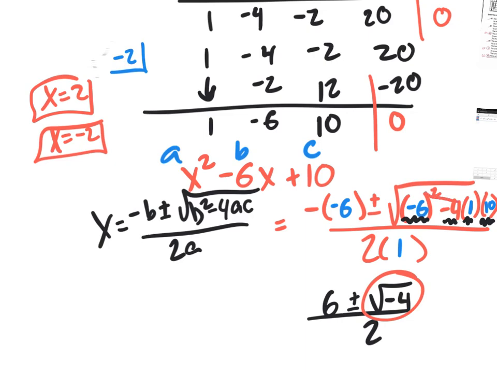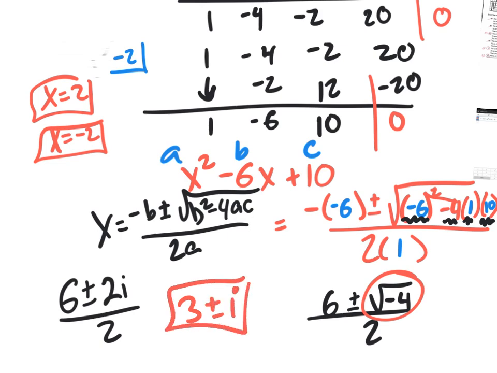So we have 6 plus or minus 2i, all divided by 2. And you could separate that divisor of 2 into each of those terms. So 6 divided by 2 gives you 3, and 2 divided by 2 gives you 1. So your final answer will be 3 plus or minus i.